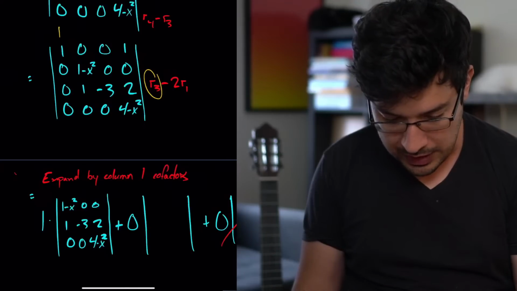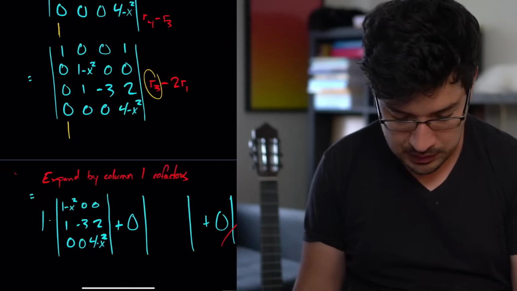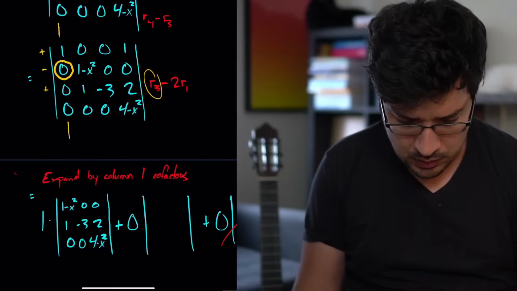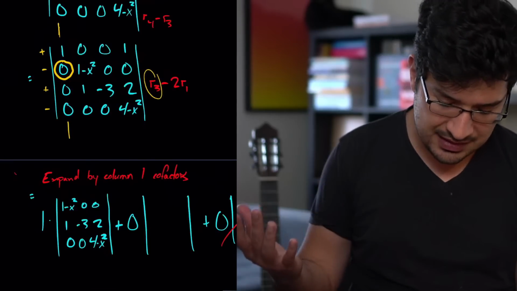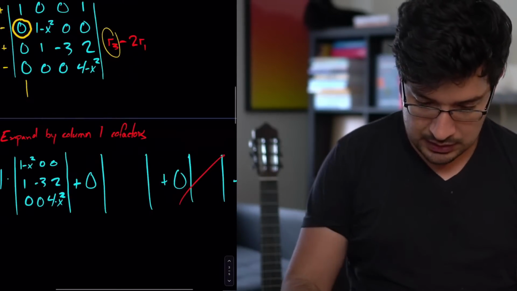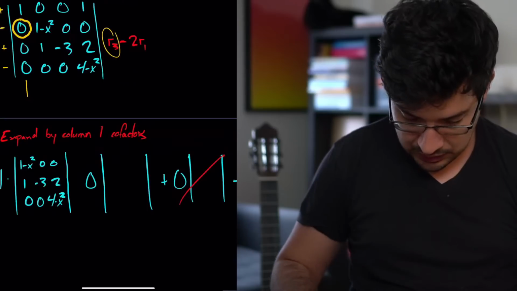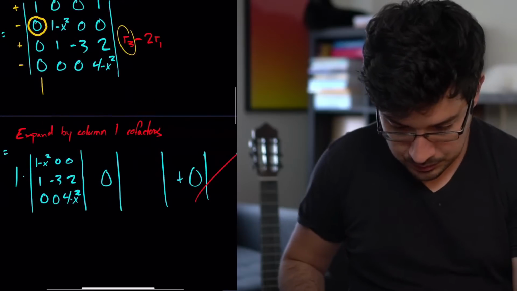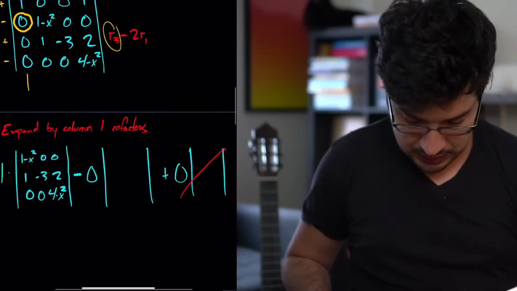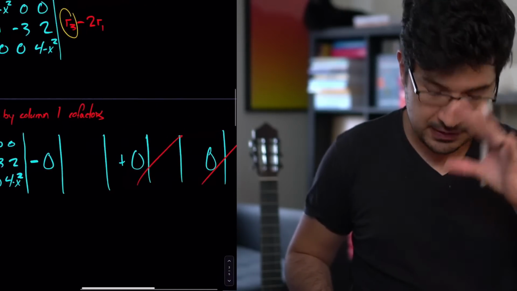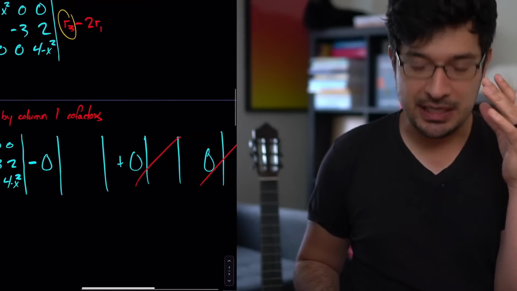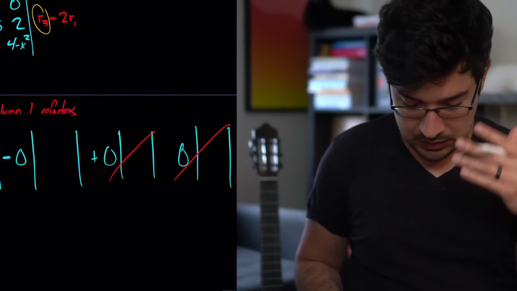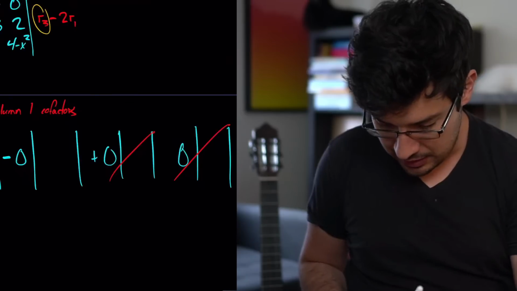So again, we're expanding by the cofactors of the first column, and we have this antisymmetry property where the sign changes every other time. So it's going to be minus the cofactor times the determinant of the minor matrix, plus another cofactor times the determinant of a minor matrix, and then minus.